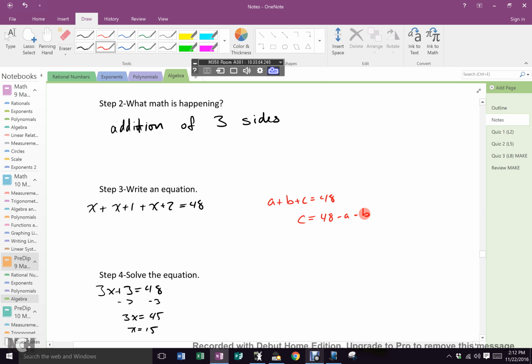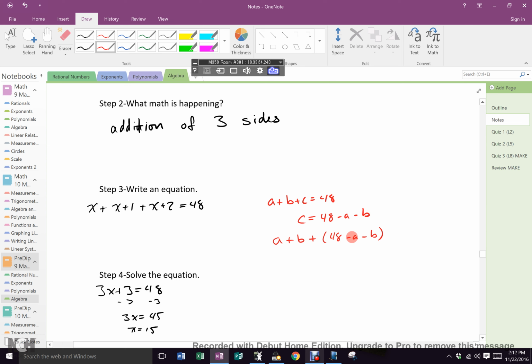Is that okay? Is that cool? Which would then give me A plus B plus what? C, but C equals this. So that would be A plus B plus 48 minus A minus B. What happens there?